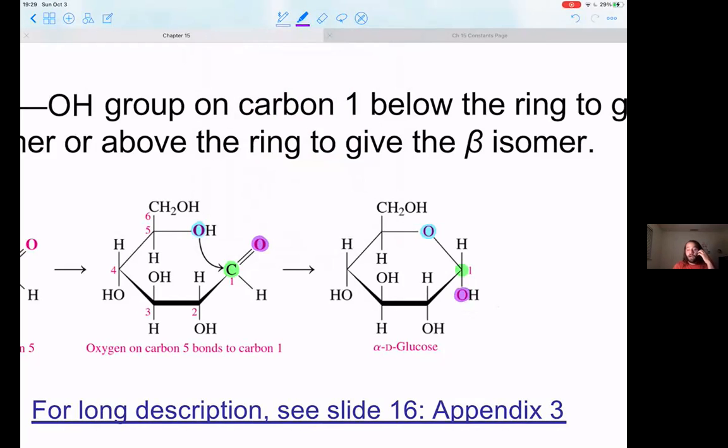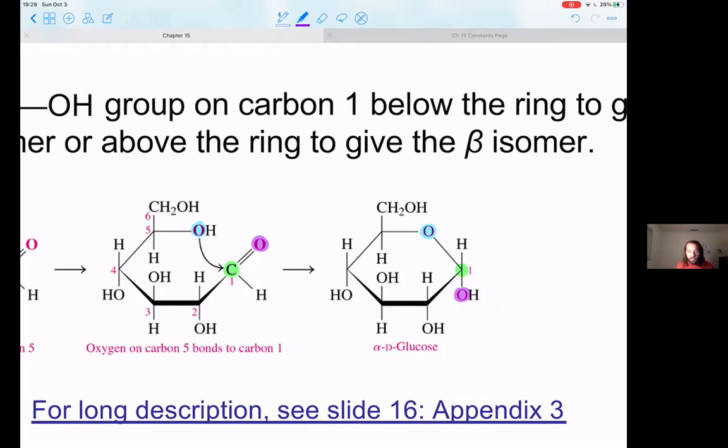Okay, now for that anomeric carbon, and specifically the hydroxyl group on that anomeric carbon, what I've colored here in purple, you could have either drawn it pointed up or pointed down. There's no way to determine beforehand which way it would be. So this is another set of isomers that are formed as this ring is closing, right?